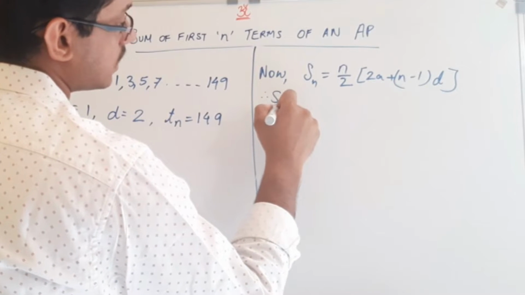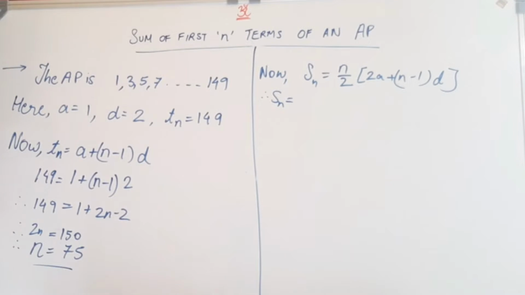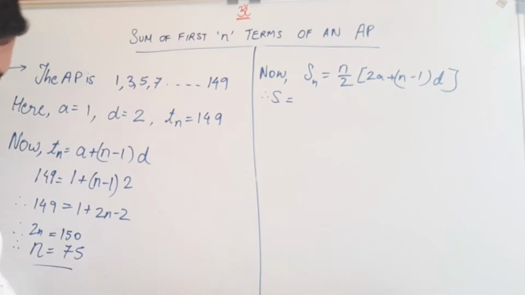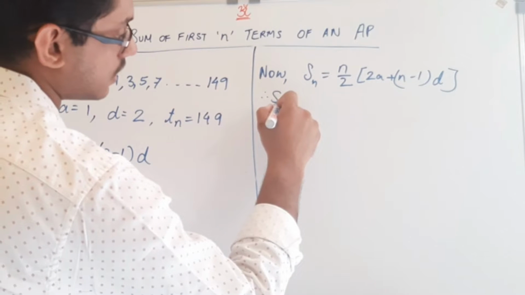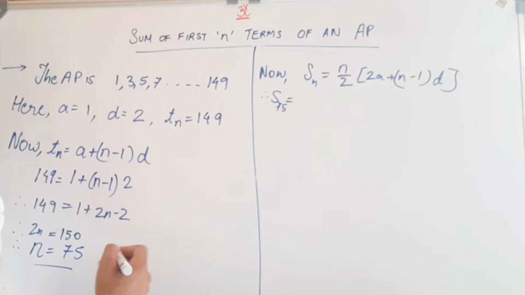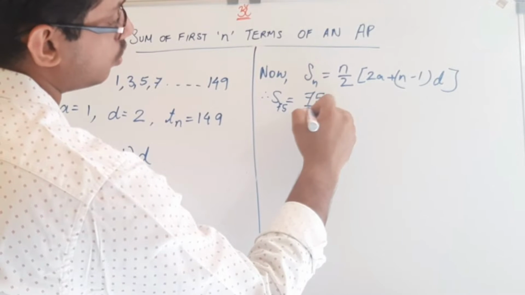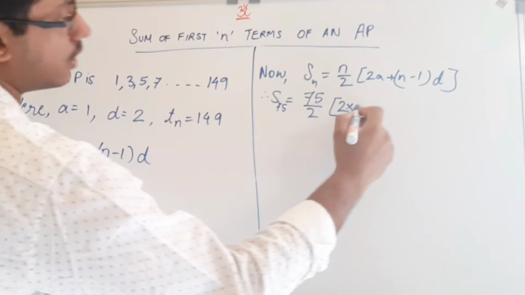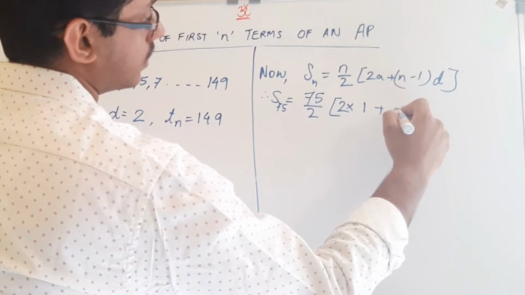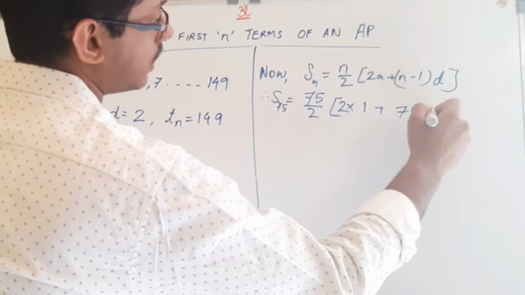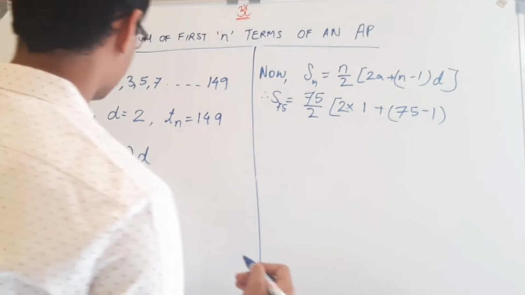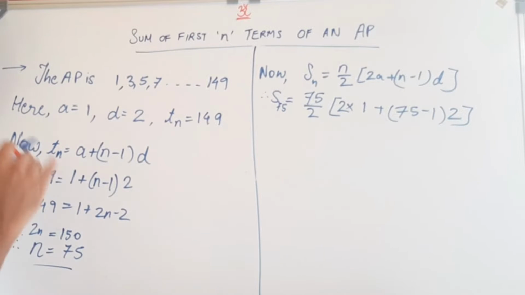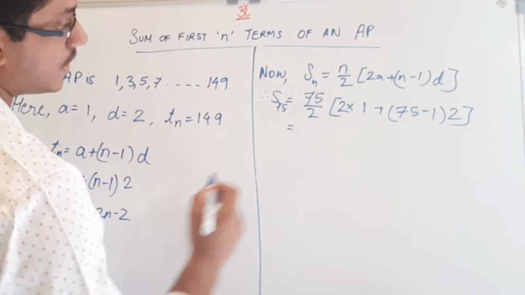So therefore, now do not write Sn, we will write S75 is equals to 75 by 2, and this is 2 multiplied by a, which is 1, plus n minus 1, which is 75 minus 1, and what is d? It is 2.